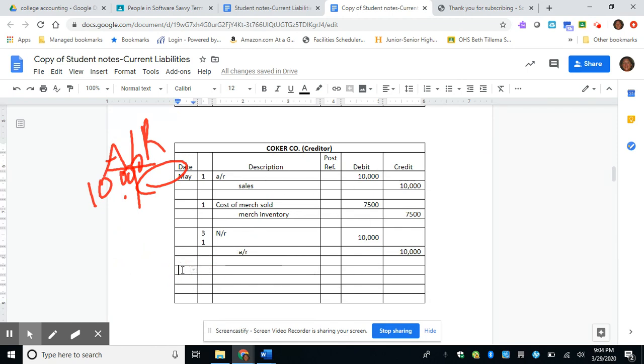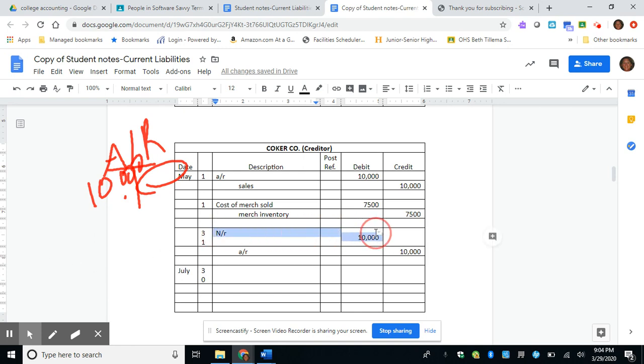On July 30th, we have to get rid of this notes receivable. To get rid of this notes receivable here, we have to credit it. And we know we're going to be getting cash, but we don't yet know how much. So cash is going to be our debit because we are getting cash. And we know that we have to clear out this notes receivable for $10,000 with a credit.